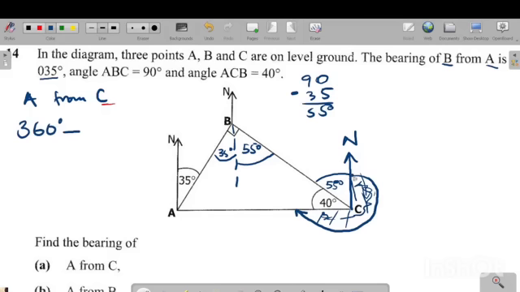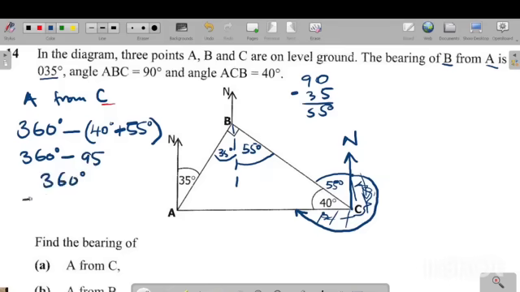Out of the full turn, the 360, we've been given 40 and 55. So we are going to say 40 degrees plus 55 degrees, which is 95. So we're going to have 360 degrees minus 95.